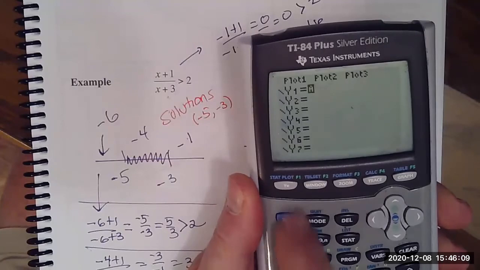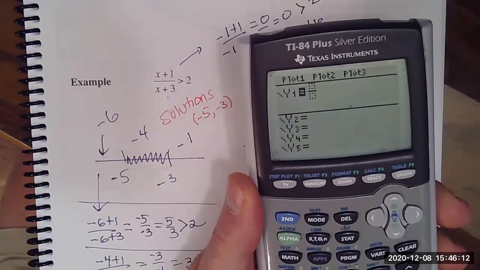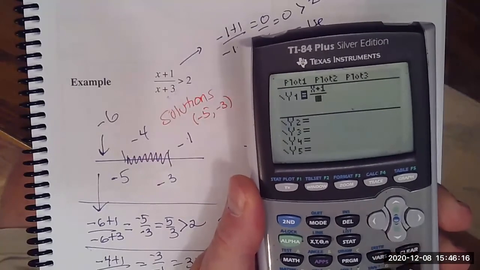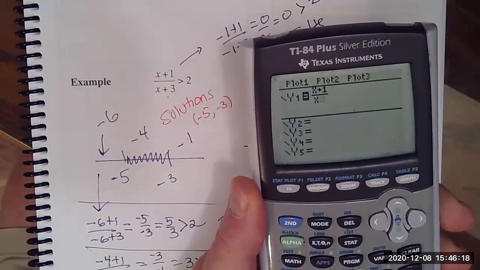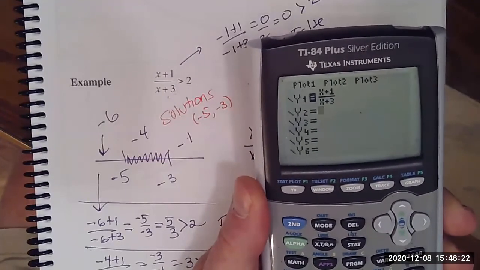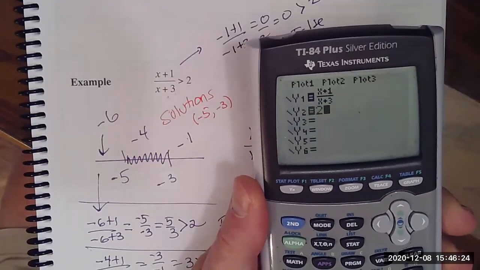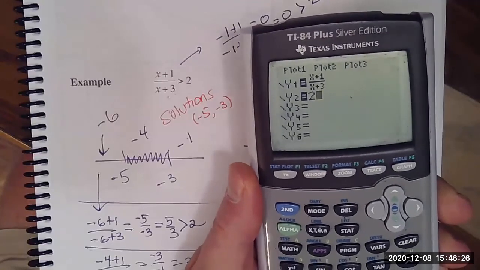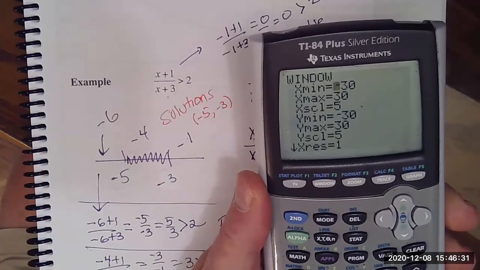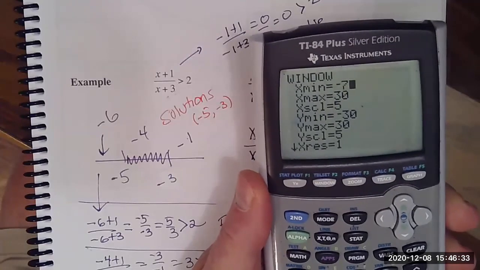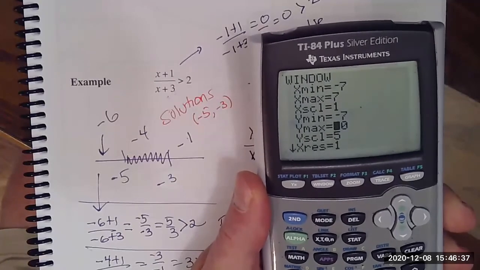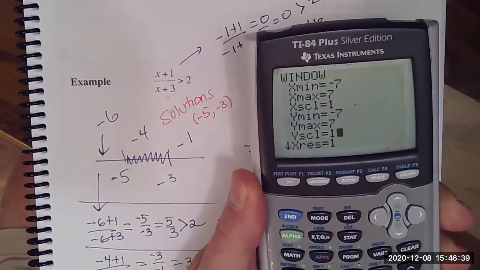And did the fraction thing here that I have, which is x plus 1 over x plus 3, and then do 2, and change my window maybe, how about -7 to 7? See what happens.